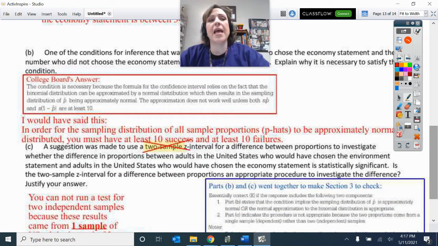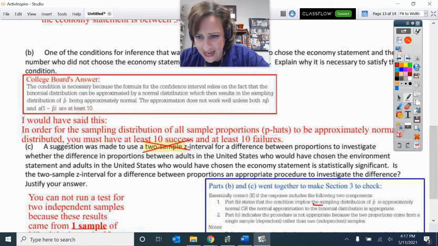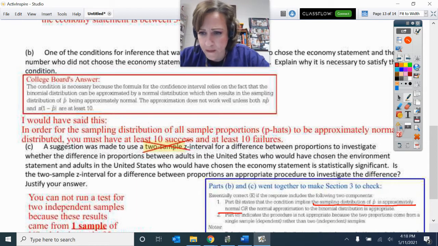Now, here's this next one. Parts B and C counted together as 1 component, okay? So to get full credit, and I'm a little concerned that we may not have gotten full credit on B. To get full credit on part B, you had to say something about the sampling distribution for the p hats is approximately normal.